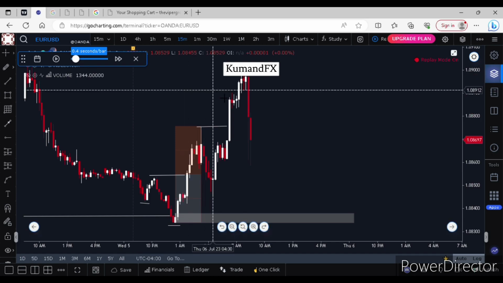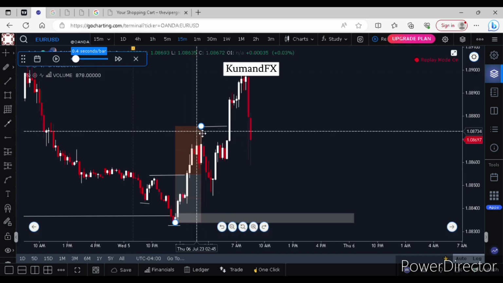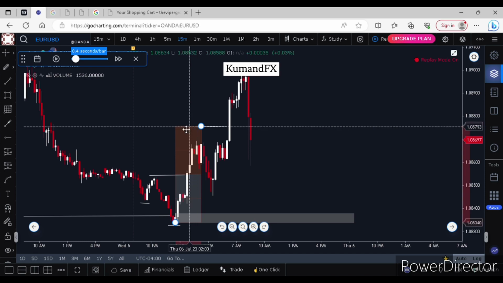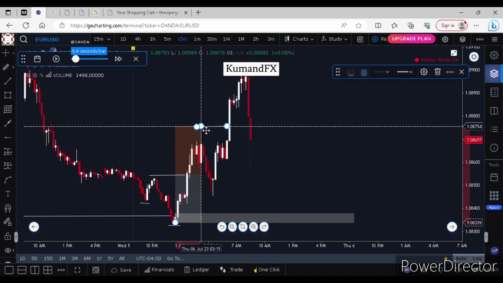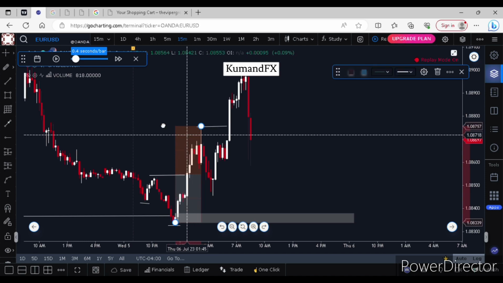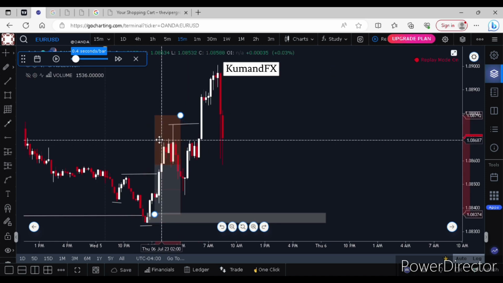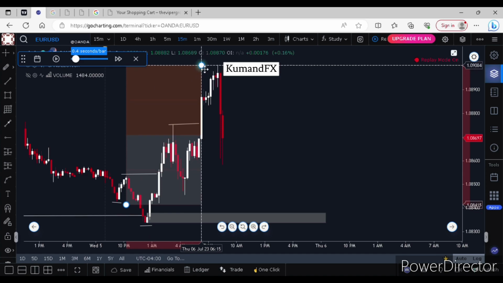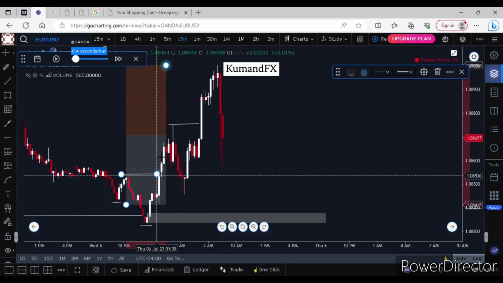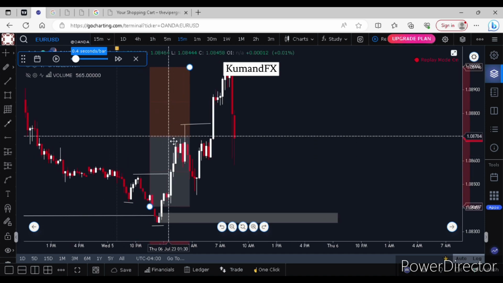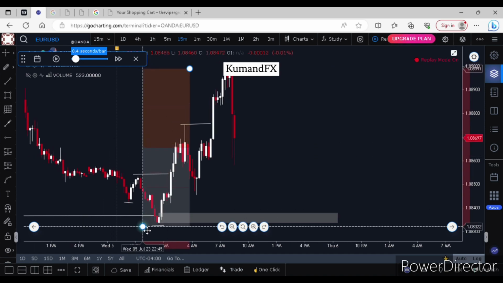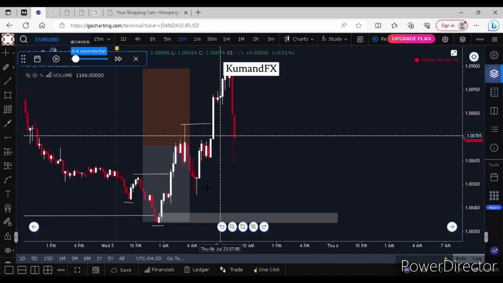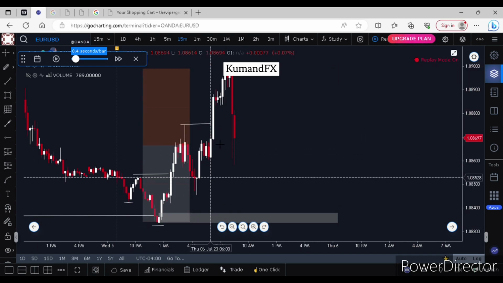You can see price puts in a new high after breaking that structure. So let's shift this premium discount properly and increase it. Why I'm increasing it now is because price hasn't mitigated the demand level within that price range.